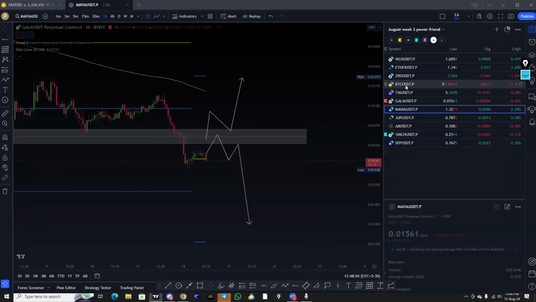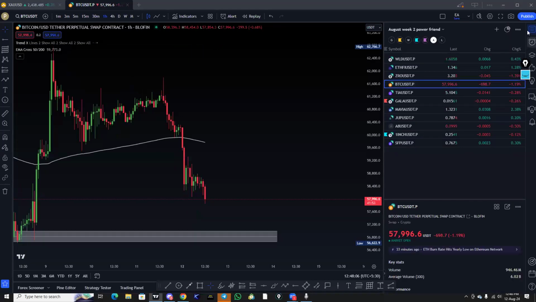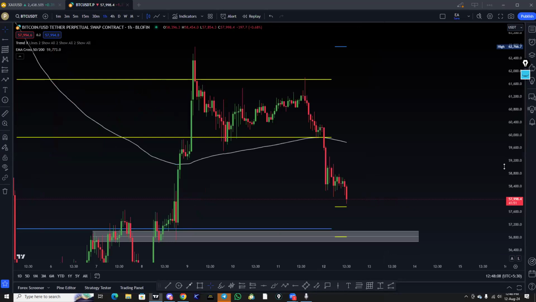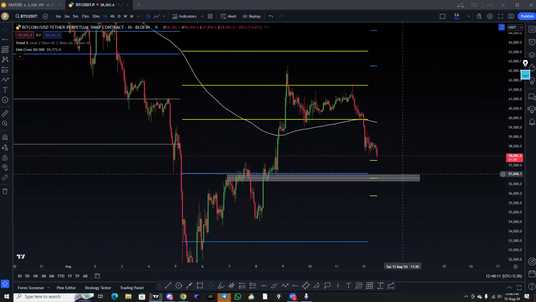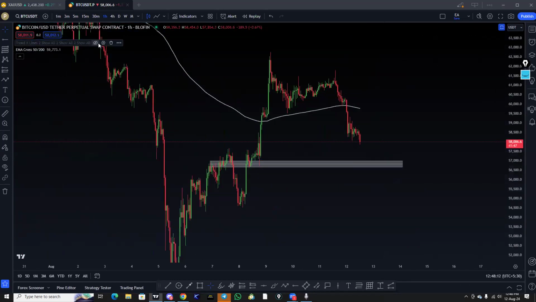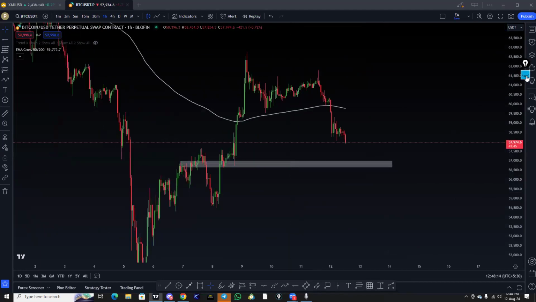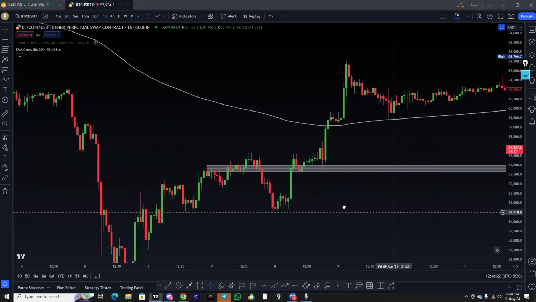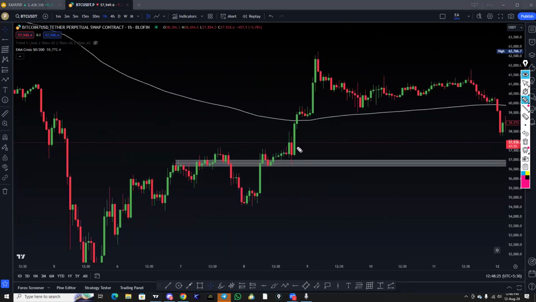Okay, and this, let me come back to this chart. BTC USD. So this is the area to look for long positions. Again, see, we got a breakout. Here we have to mark the zone. Why? See, if I mark this zone, the candles came back and took support from this area, correct?